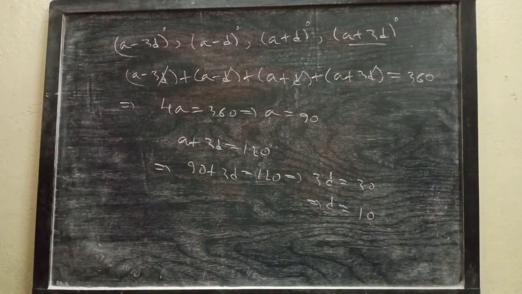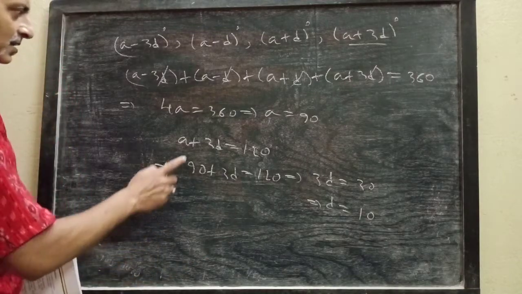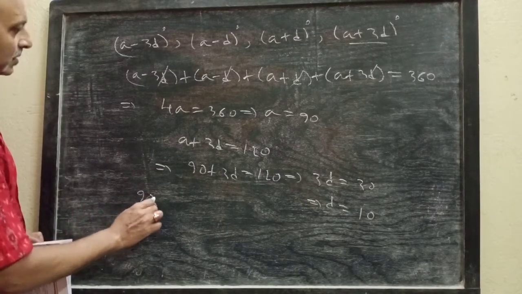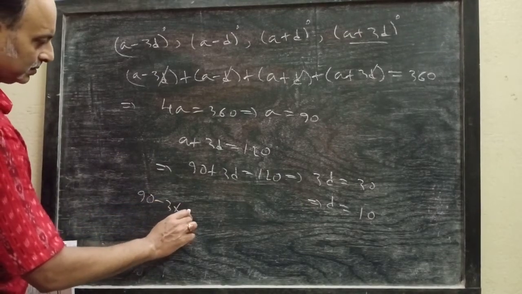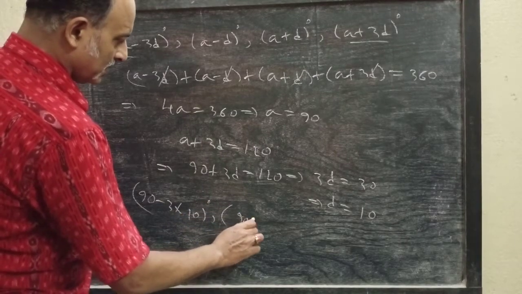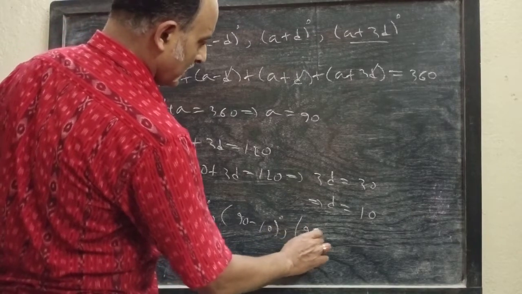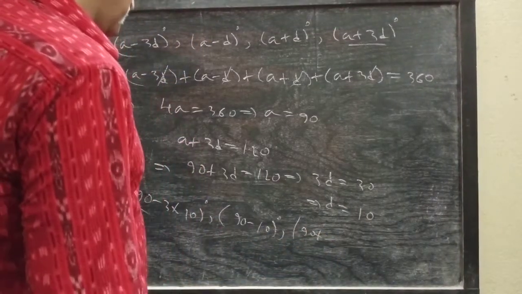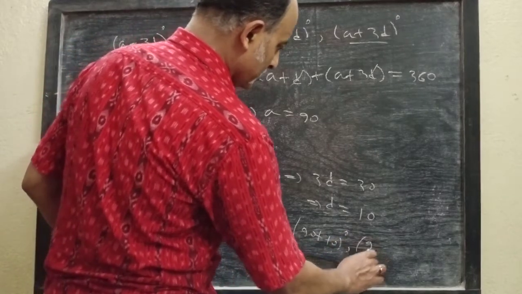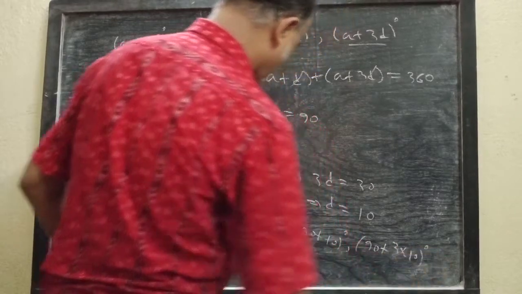Now we can write the measures of the angles like 90 minus 3 into 10 degrees, next 90 minus 10 degrees, then 90 plus 10 degrees, and the last one is 90 plus 3 into 10 degrees.